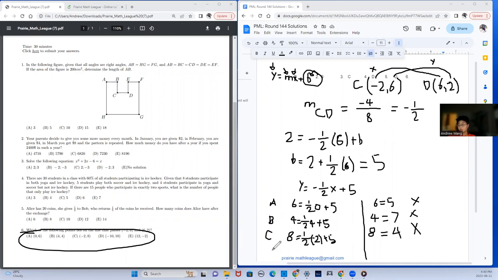So let's check D now. The coordinates for D are -10 and 10. So let's plug it in.